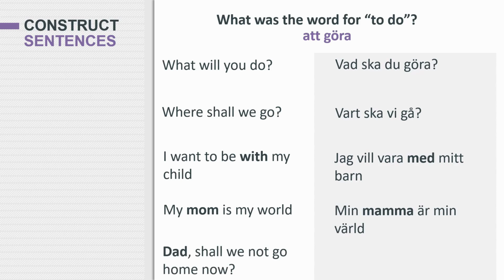To say dad in Swedish, it's pappa, pappa. So let's translate. Dad, shall we not go home now? Shouldn't we go home now? Shall we not go home now? So you need to break it up. Think about it piece by piece, pause, and give an answer.